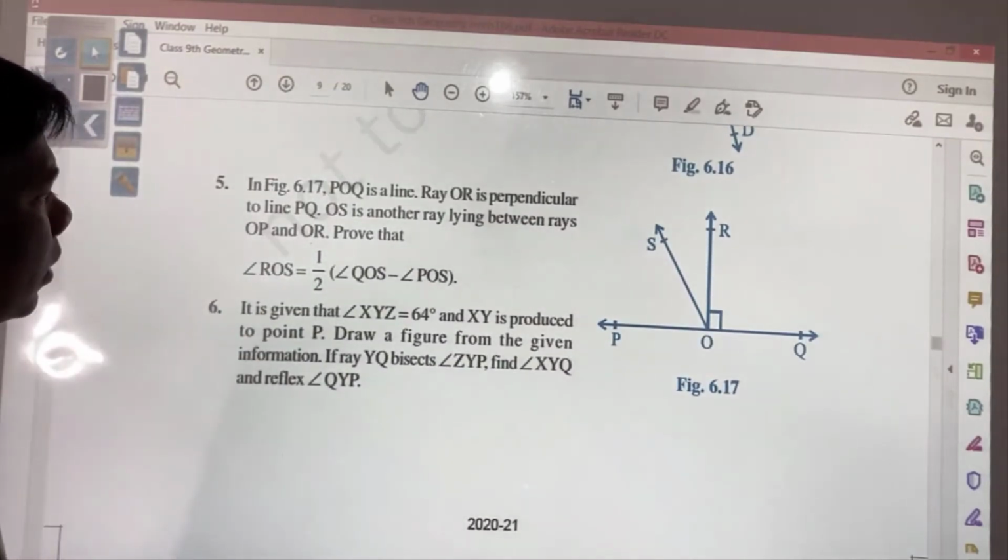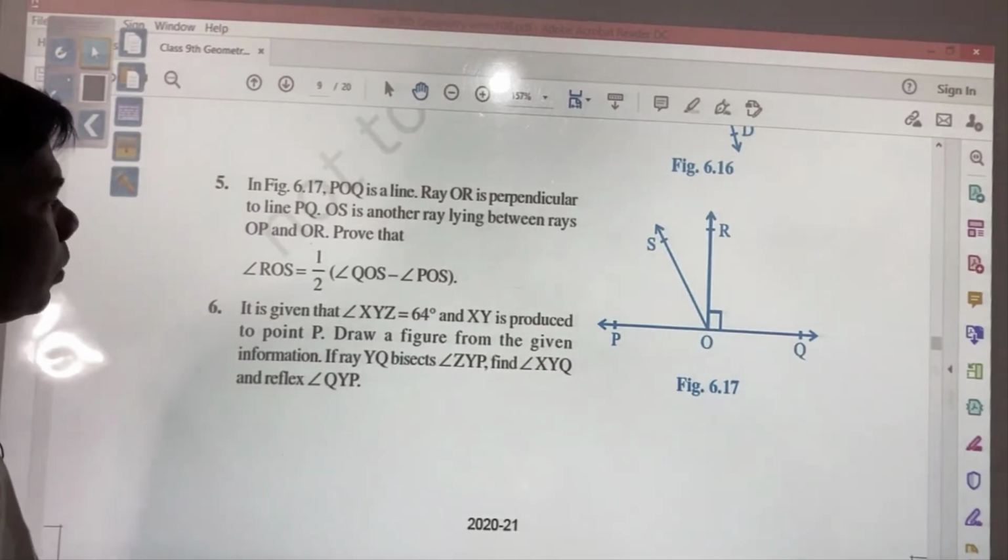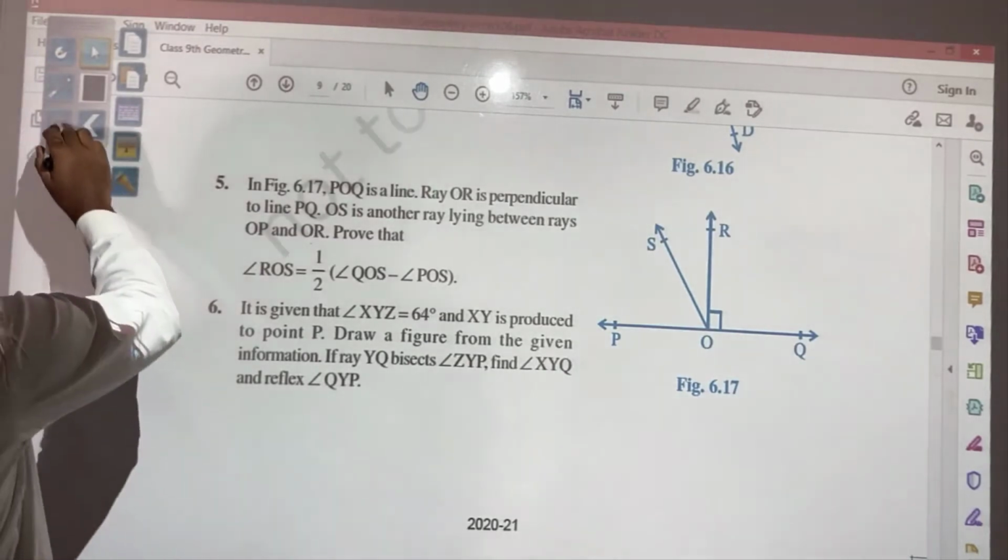Then we have question number 5, 6.17. Figure is there.